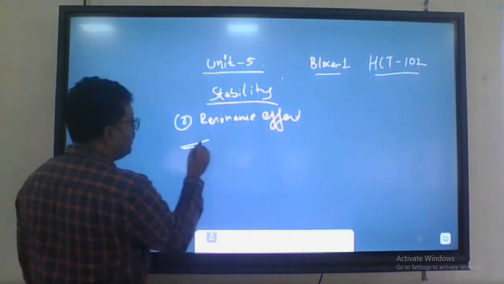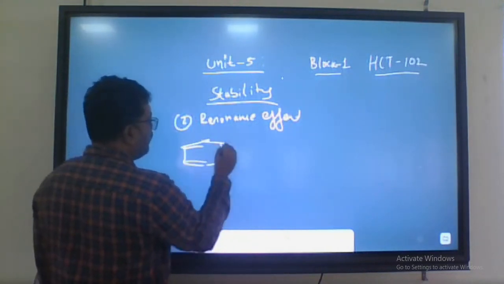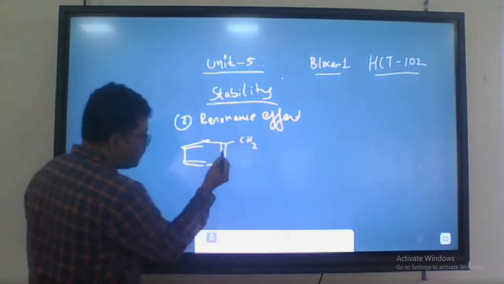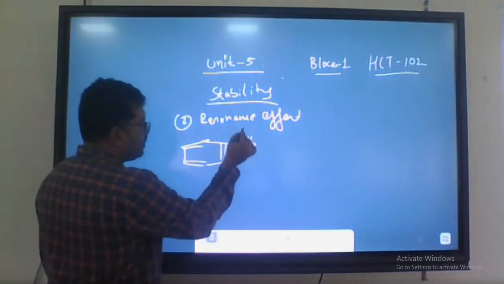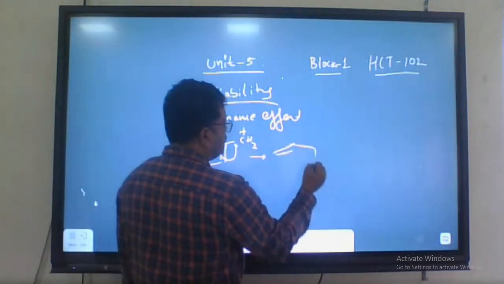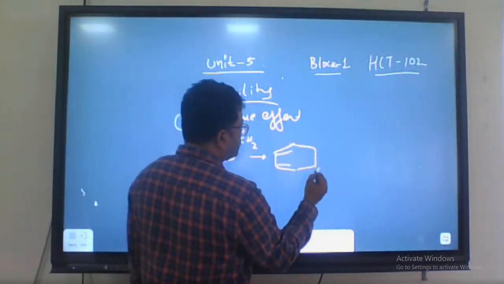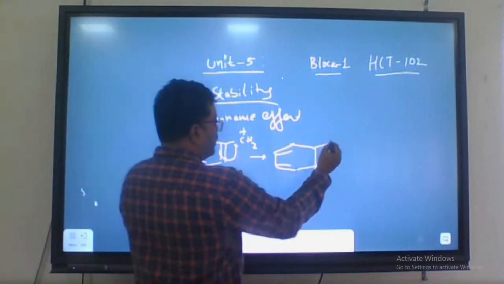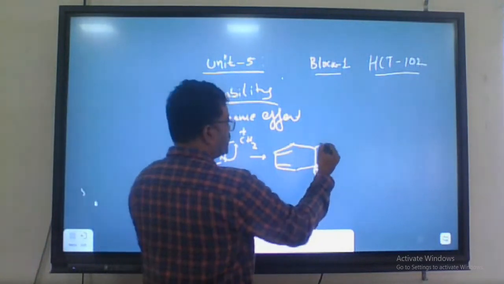Okay, benzyl carbocation. Due to the double bonds, the alternate bonds shift towards the carbocation. See, this forms the positive charge here after shifting this electron towards this.